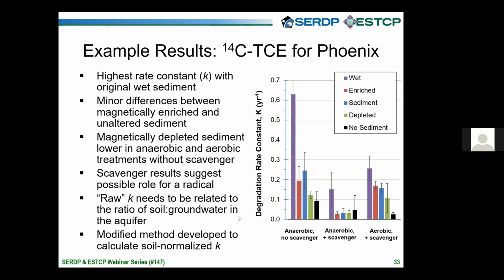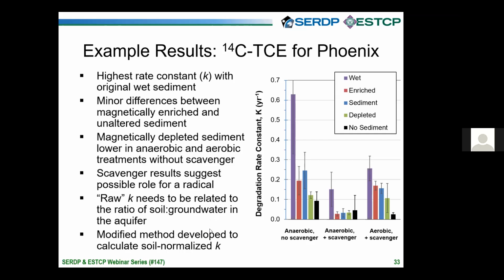Now, these, what I'm calling raw first order rate constants, need to be adjusted because they're not reflecting the ratio of water to soil that's in the bottle. And that's actually a moving target because we're removing water samples over time during the incubation and changing the water to soil ratio over time.